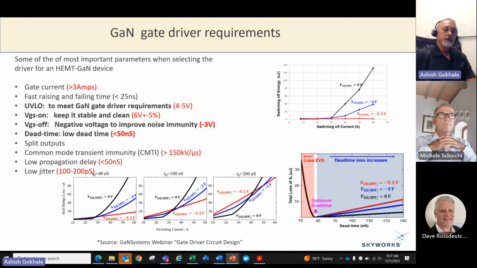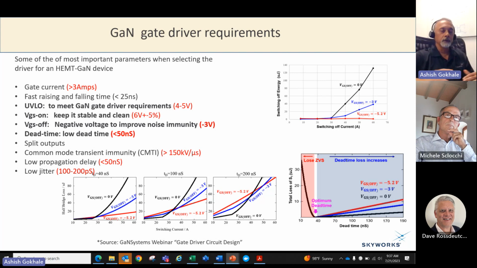Number three would be suitable driver output levels. A lot of enhanced mode GaN FETs out there cannot sustain more than 5 or 6 volts on the gate. They vary a little bit, so let's say about 6 to 7 volts would be the absolute max ratings. The driver should be capable of fully turning on the GaN at 5 or 6 volts, depending on the manufacturer, but also have a UVLO level that's lower than those levels, to have a safe operating area.